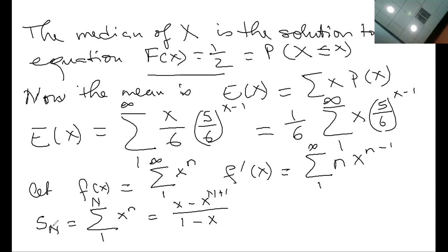So I want you to see the difference between small f of x and capital Sn. Can somebody tell me what is the difference? This is f of x. So I am talking about this.